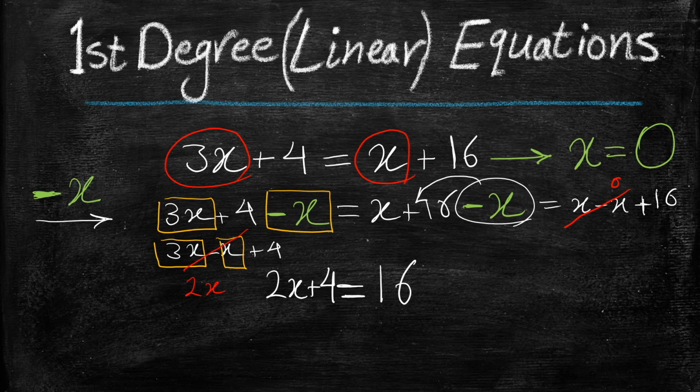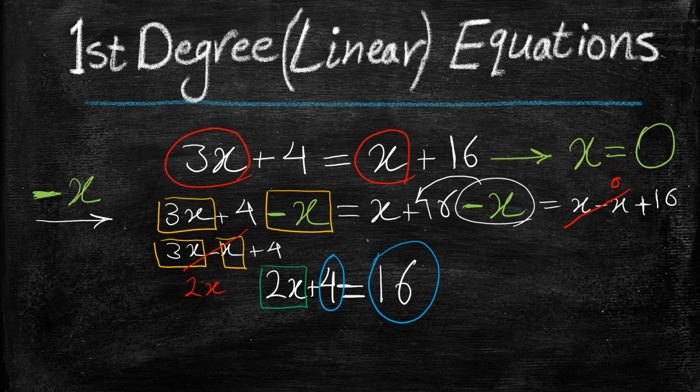Okay, now again we have things of two different natures. One is this 2x that contains the unknown, and we have other types of terms, the numbers. They don't contain the unknown, so they are of one nature, like apples and oranges. We cannot combine them.